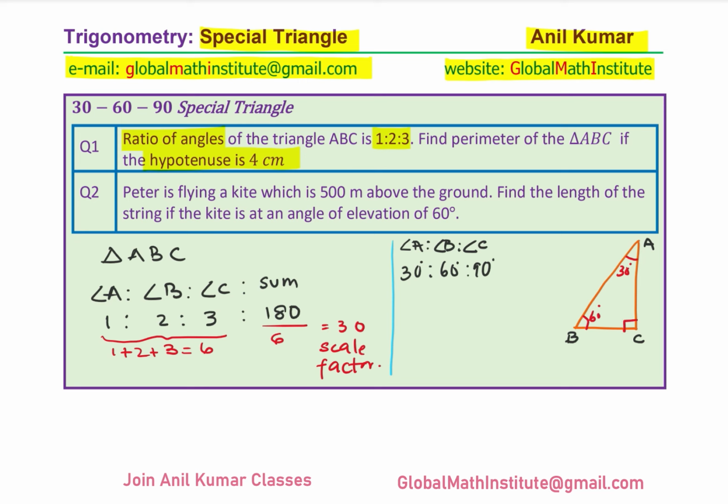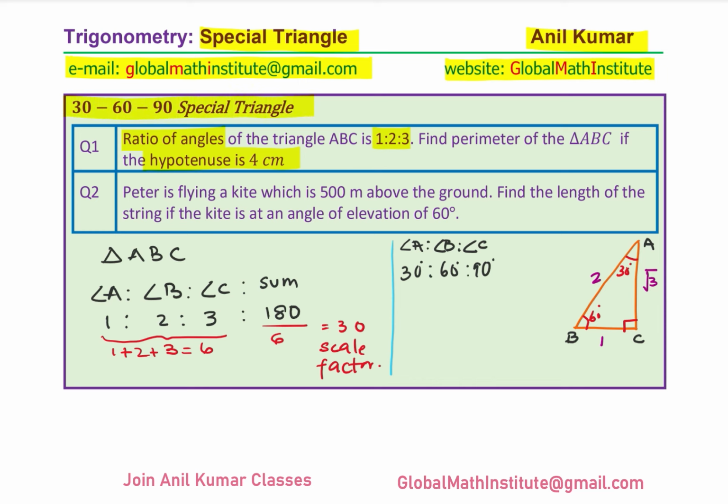Now in this special triangle, if I take the hypotenuse AB as a length of 2 units, then BC is 1. And we can find AC, which is the square root of 2 squared minus 1 squared, and that comes to square root 3.